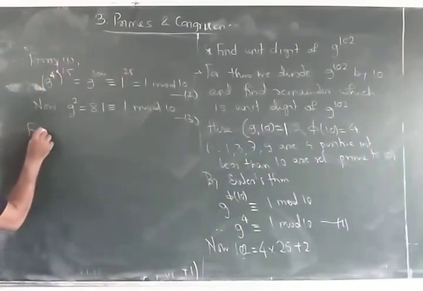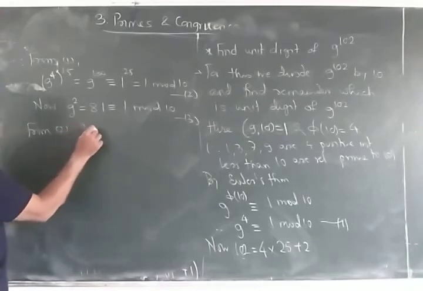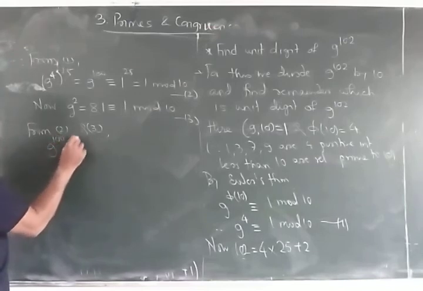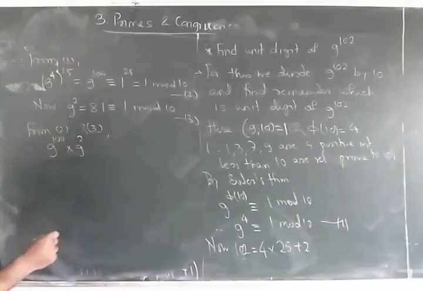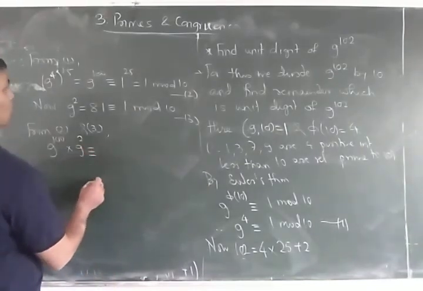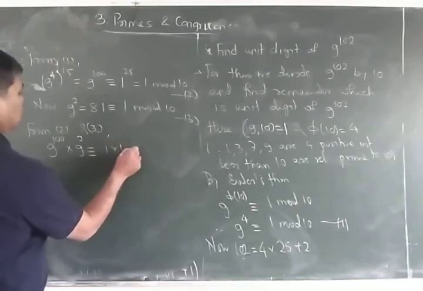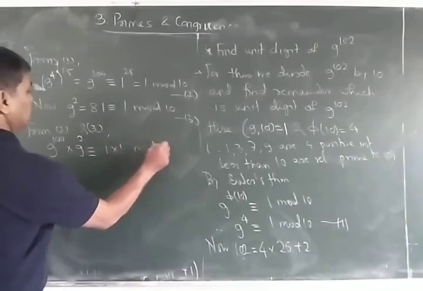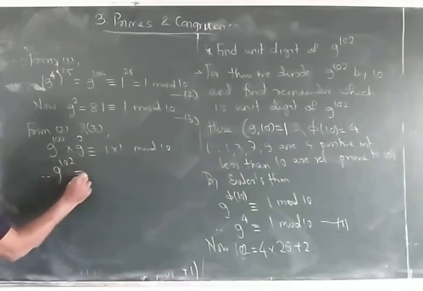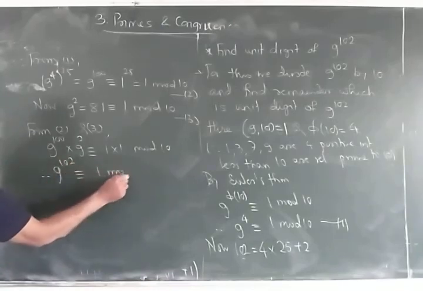From 2 and 3, 9 raised to 100 into 9 square, that is 9 raised to 102, is congruent to 1 into 1 modulo 10, and therefore 9 raised to 102 is congruent to 1 mod 10.